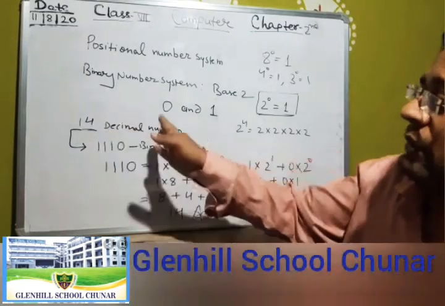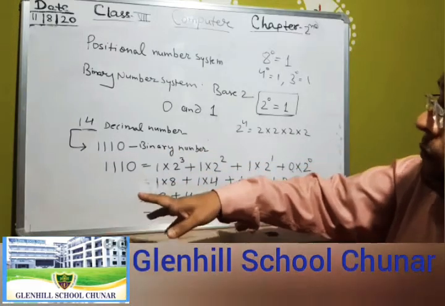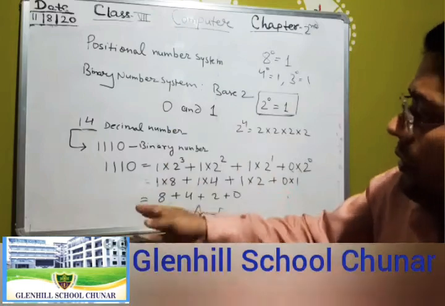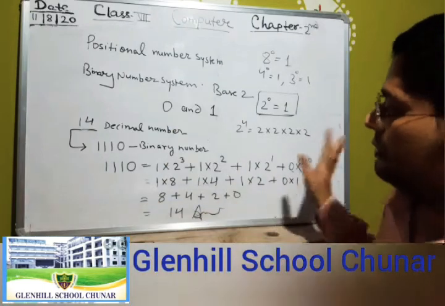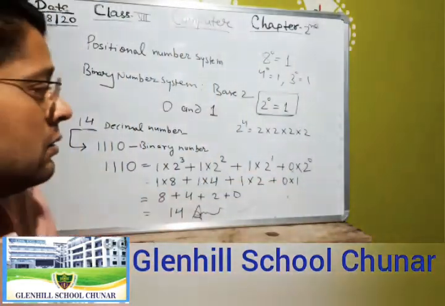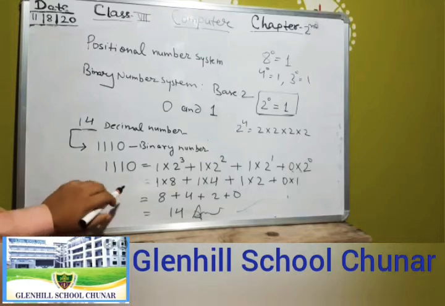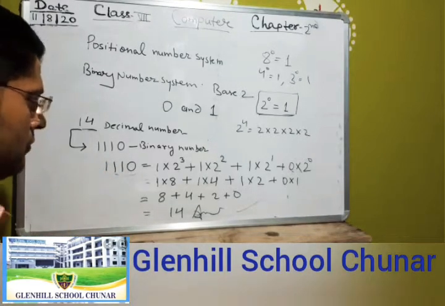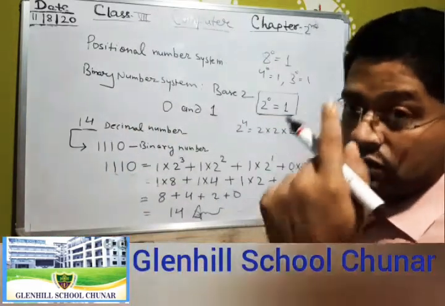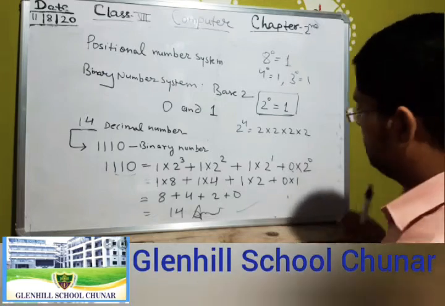So the decimal number is 14 and its binary number is 1110. So we take that binary number and convert it, and your answer is 14. Clear, student? How do we convert a binary number into a decimal number? First count the digits, how many in total, and subtract 1 for the power digit. Okay, yes.